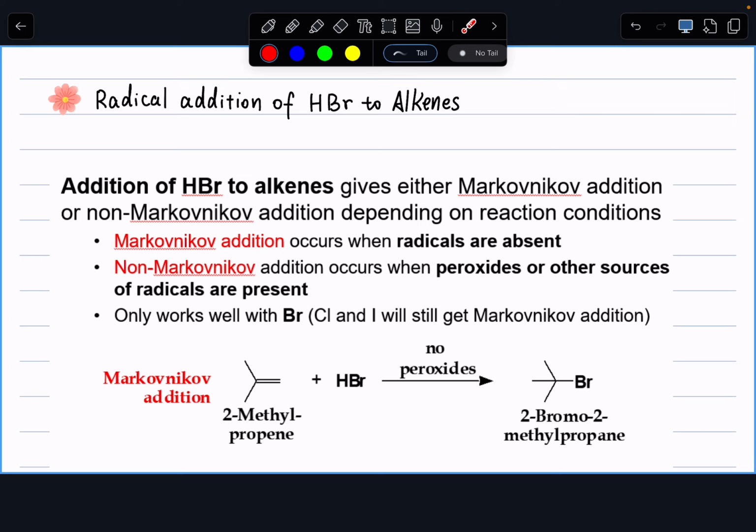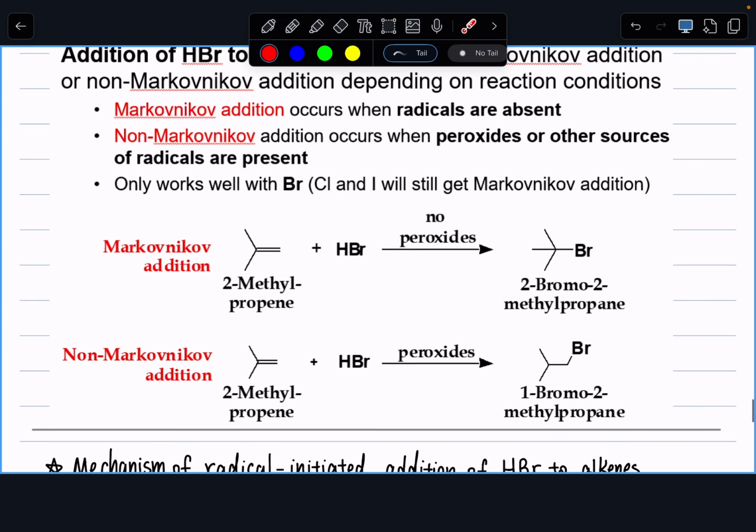Depending on what reaction condition you're using, even with the same starting material, you could expect different mechanisms and hence very different selectivity. So remember, in this case, if we're looking at the reaction without peroxide, so the acid catalyzed one, we're looking at the normal Markovnikov electrophilic addition through a carbocation intermediate.